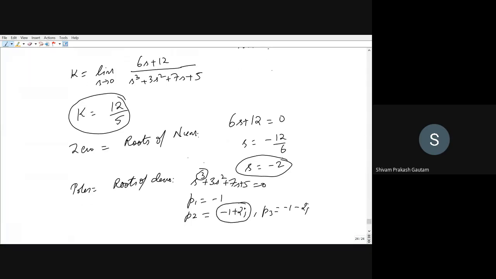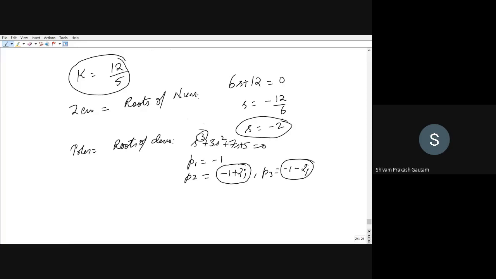All of you know what a complex conjugate is? If you have a plus jb, the complex conjugate of a plus jb will be a minus jb. So you can see here, the poles have a complex conjugate.